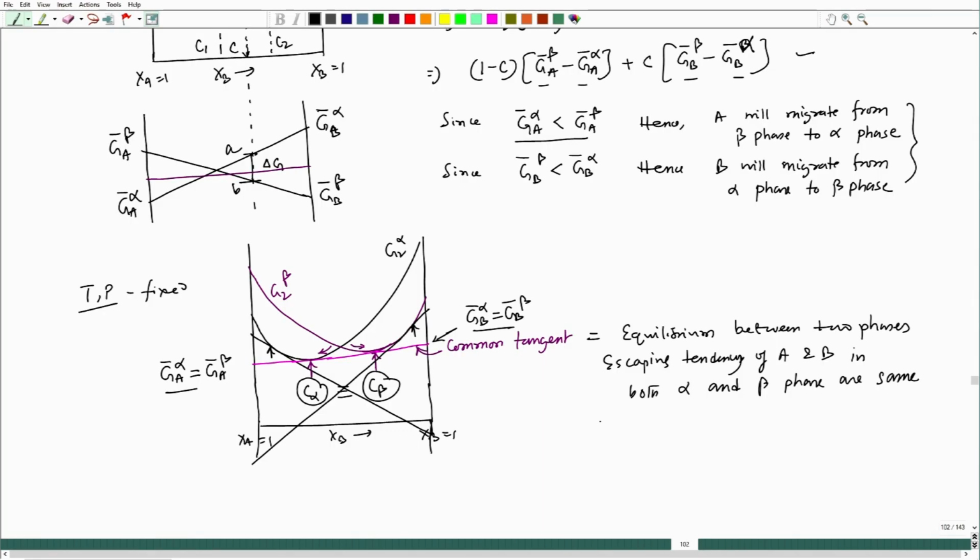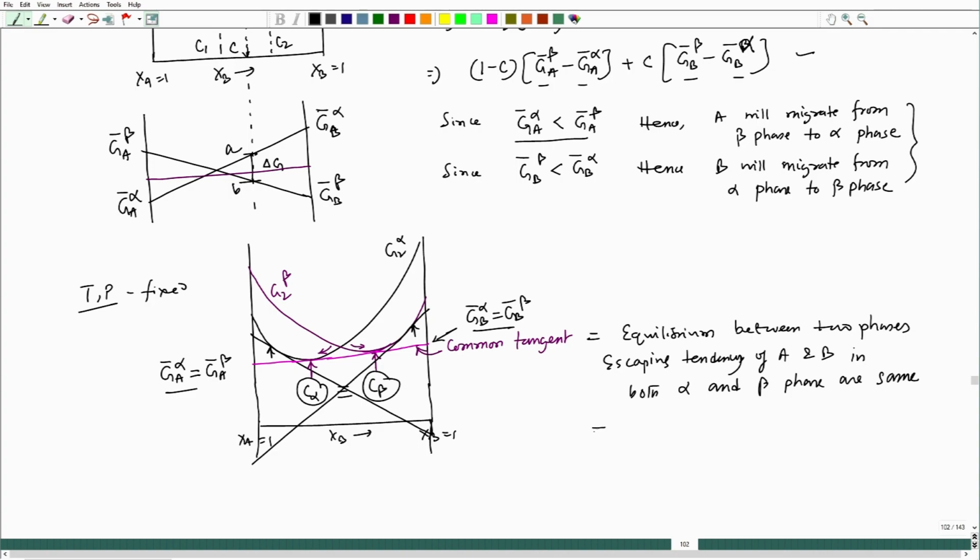The only thing that is left for the system to achieve is basically chemical equilibrium. If there are differences between the chemical potentials of A and B in both the phases, there will always be a kind of drive for the system to reach equilibrium, because every system wants to reach stability. So, that is what finally it will come to that common tangent and the system would reach equilibrium. So, this common tangent is applicable for those two compositions C alpha and C beta.